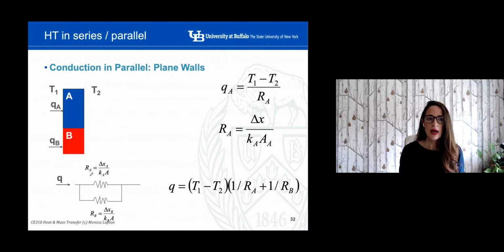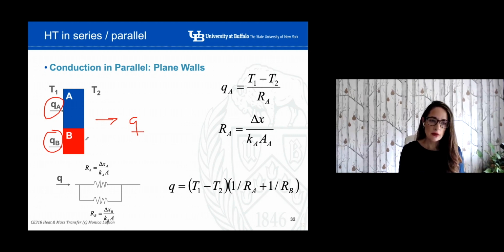What happens if we have elements in parallel, like in this case? We have two different elements, but in parallel, so we have two different heats, QA and QB, one for each of the elements, and the total heat Q will be the sum of QA plus QB.